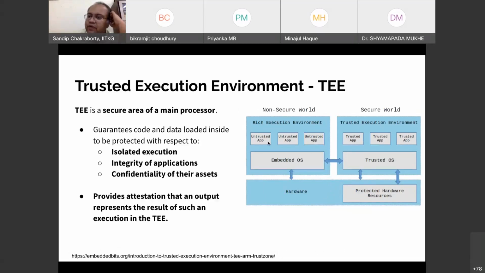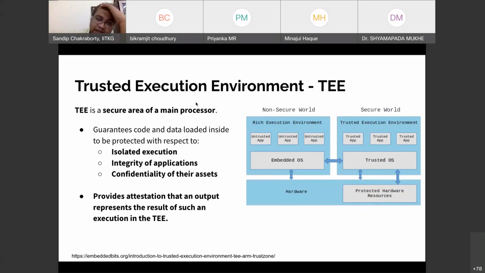At the same time, you can have a secure world where you can run a trusted OS. That trusted OS accesses these protected hardware resources with the help of the TEE, and on top of that trusted OS, you can run the trusted apps. So this Tesseract app works like a trusted app on top of this trusted OS.